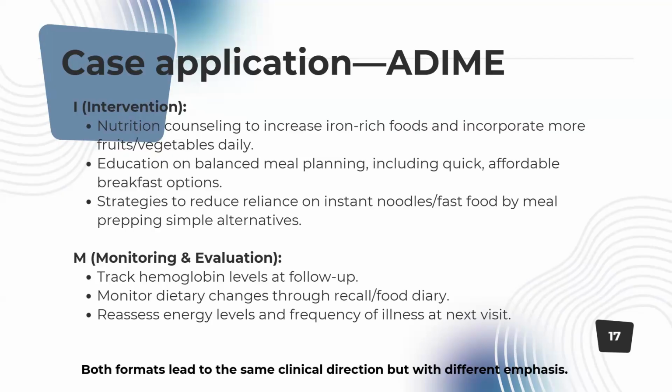So you may provide a list of iron-rich foods, and from speaking to somebody who's a university student, identify practical, budget-friendly ways for them to do this. You would look at education and balanced meal planning, including quick affordable breakfast options. And you want to look at strategies to reduce the reliance on instant noodles or fast food by meal prepping and simple alternatives.